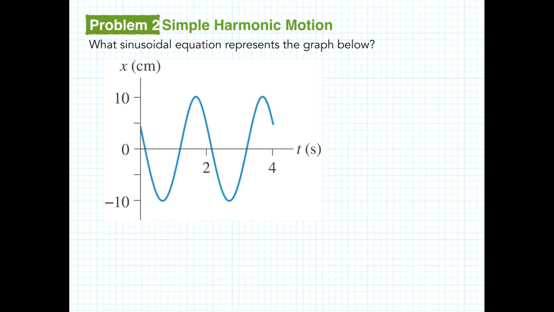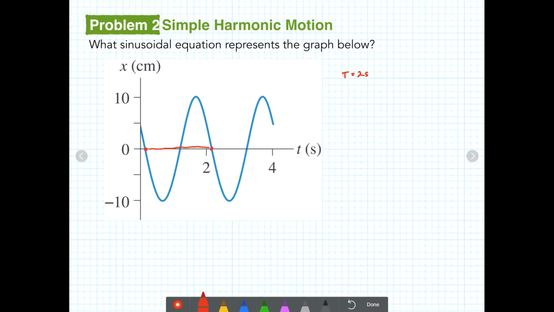So if we want to do the sinusoidal equation for this, this one actually has a phase, but the first thing we can do is say, we know from how the period works that from here to here, that's about where we are on the period. So the period should be equal to 2 seconds. That's about this far.